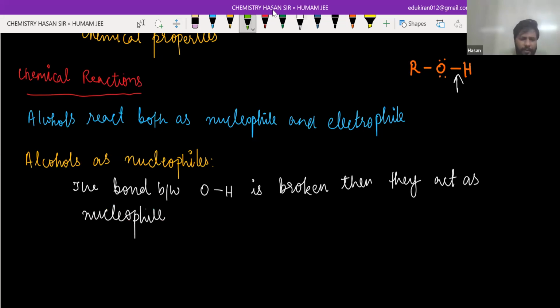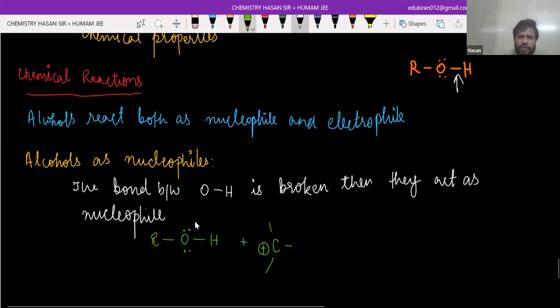I can give you an example. Let's say this is your R and this is your O and this is your H. So what will happen if you are going to react this with a carbocation, an electrophile?